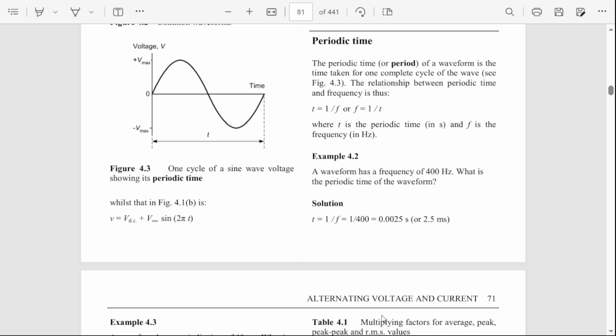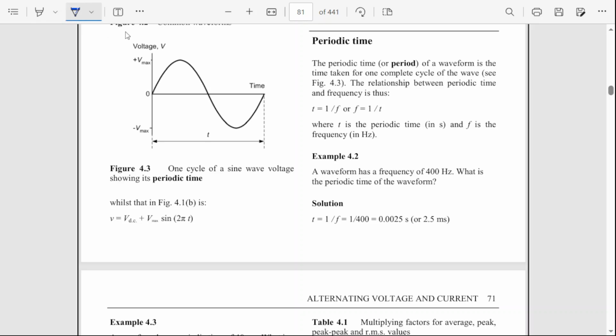The second property that I wanted to cover is the period or periodic time. It says the periodic time or period of a waveform is the time taken for one complete cycle of the wave. The relationship between periodic time and frequency is thus, so this is the formula for calculating the period or the frequency, which is frequency equals the inverse of the period, or the period equals the inverse of the frequency.